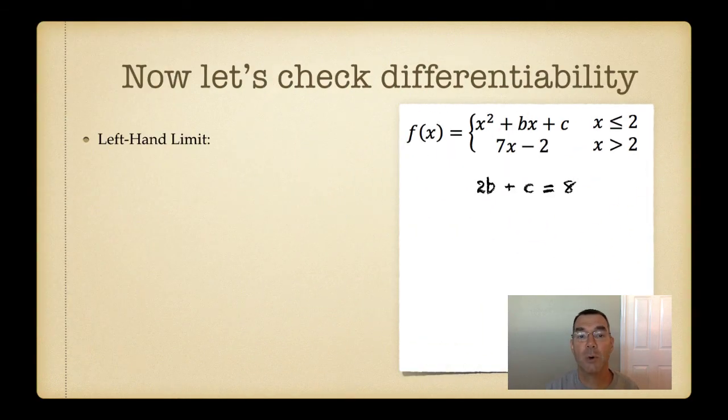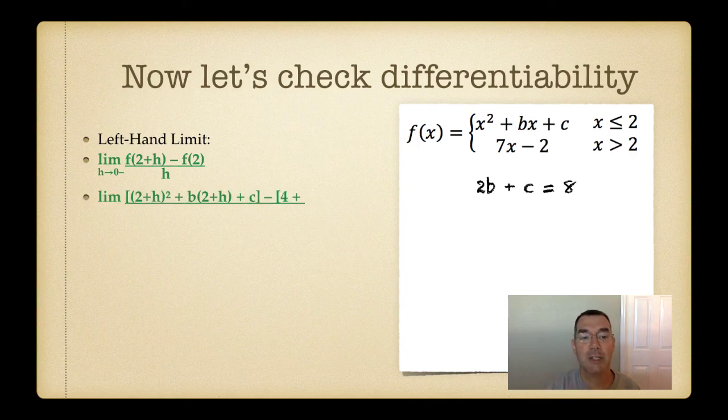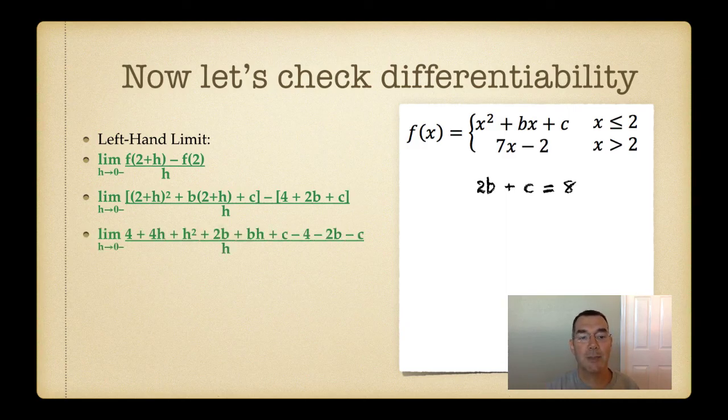Now we're going to check for differentiability. If I look at the left-hand limit of that derivative function, I've got f of 2 plus h minus f of 2 all over h. Replace f of 2 plus h with that first piece, replacing every x with 2 plus h. That's kind of messy, but that's what I have to do. And that gives me that long expression right there. Let's see if I can subtract some things out.